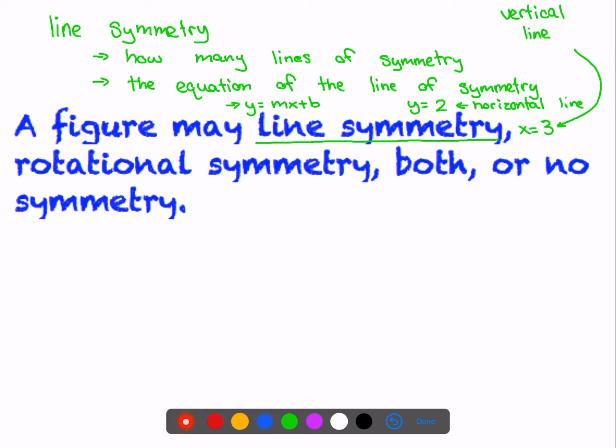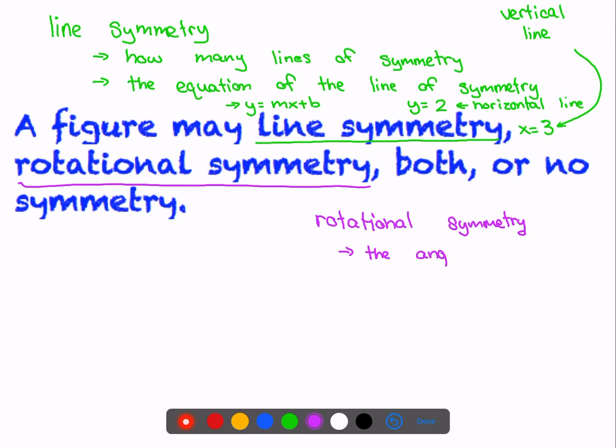Now, if we're given something such as rotational symmetry, they will also ask for some things. The most common thing that they'll ask for with rotational symmetry is the angle of rotation. So how much we're rotating.